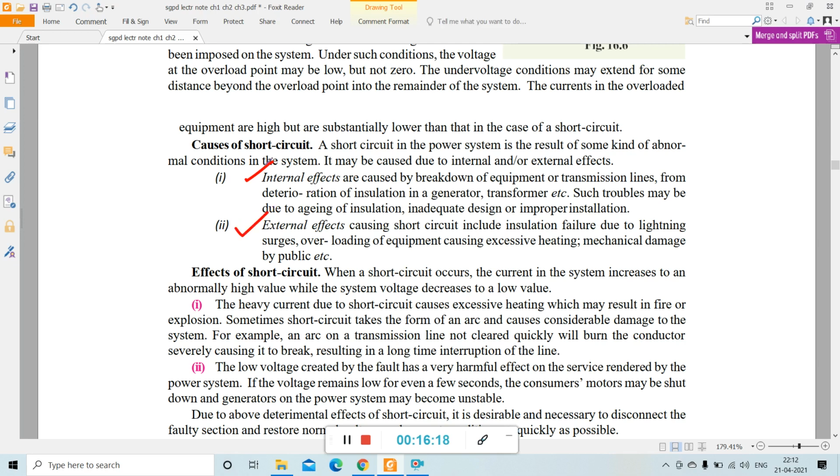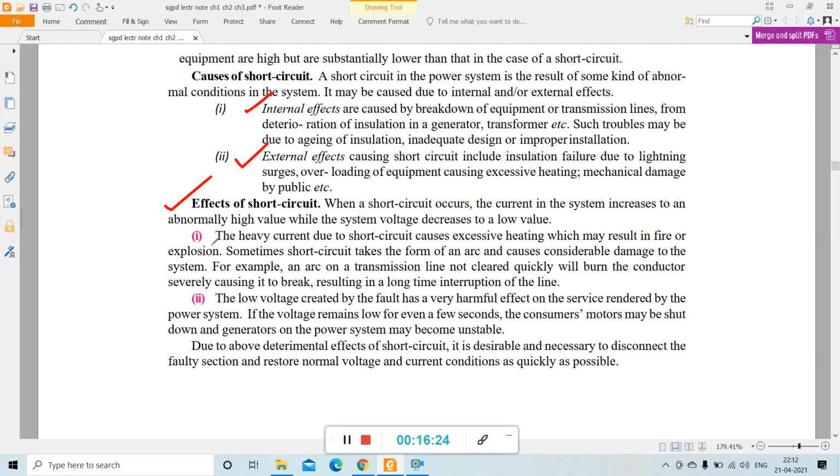So these are the causes of short circuit. What are the effects of short circuit? When a short circuit occurs, the current in the system increases to an abnormally high value, while the system voltage decreases to a low value.